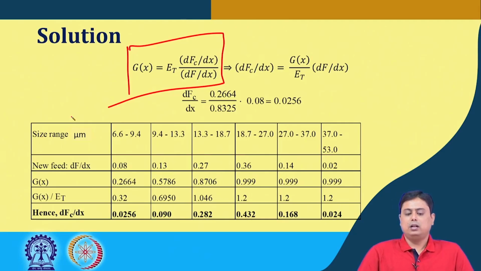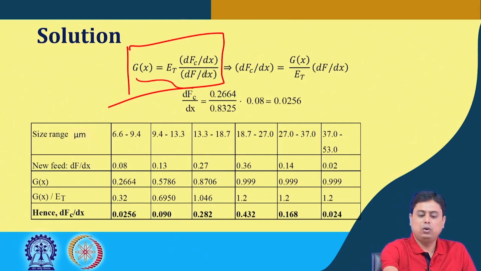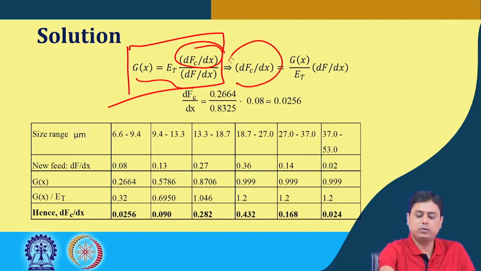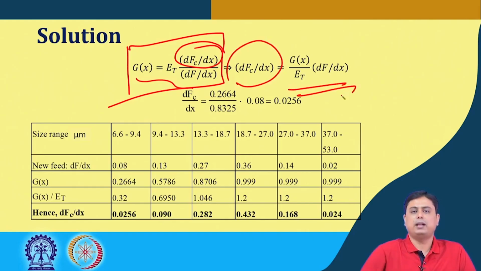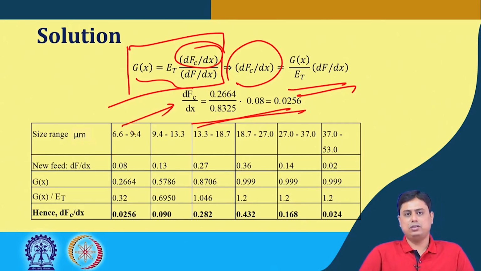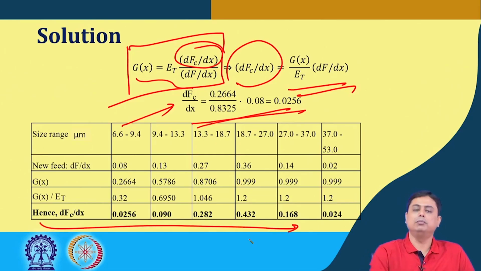Now, here all the parameters are known except dFc by dx. So, dFc by dx we can write in this manner, and again one of such calculations is given here for the 6.6 to 9.4 size range, and we can have this table completed.